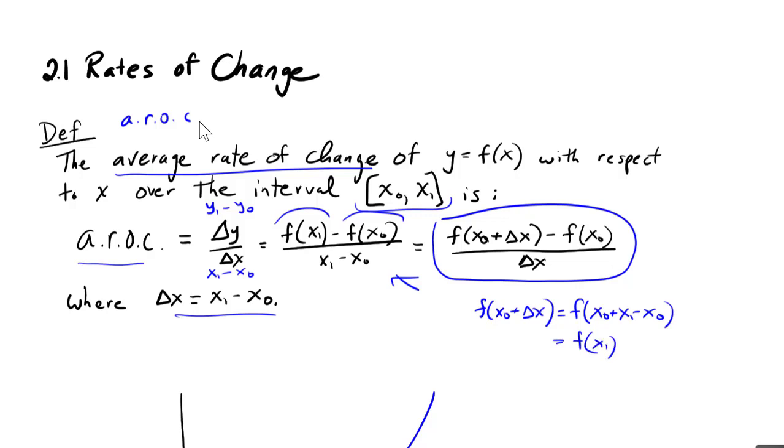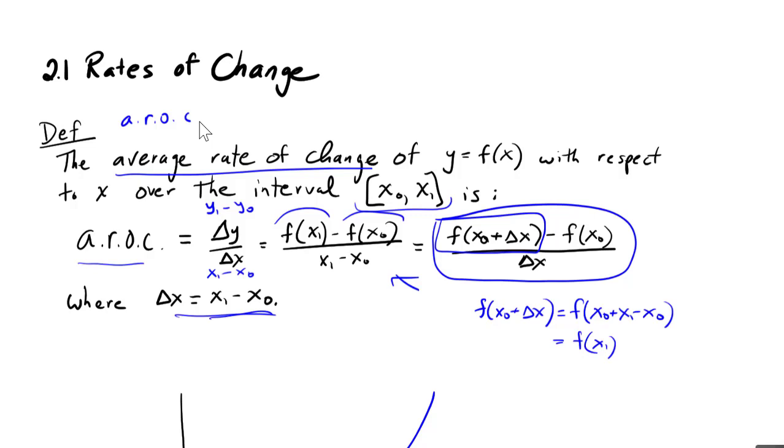So this first term here is just f of x1 as before, and delta x is precisely just x1 minus x0. So those are the same, but they can be used in different cases. Okay, so one thing I haven't said is we've seen delta y over delta x before as a slope. So this must have something to do with a slope.